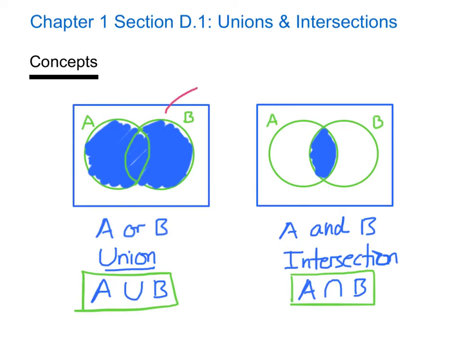Now, both of these Venn diagrams are examples of non-disjoint sets. And what that means is these two sets overlap. Right? There is a section there where they intersect. And so let's take a look at an example of disjoint sets.